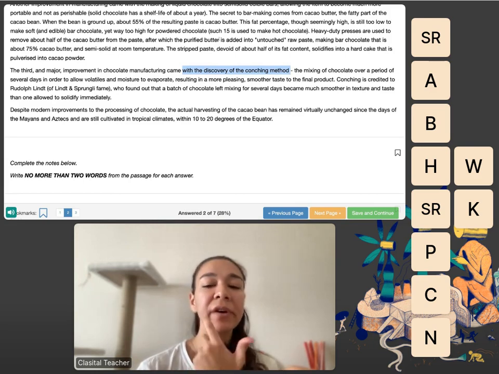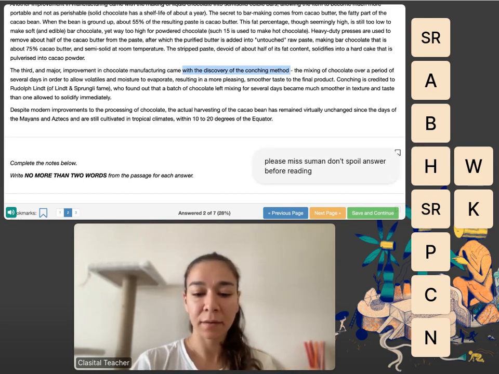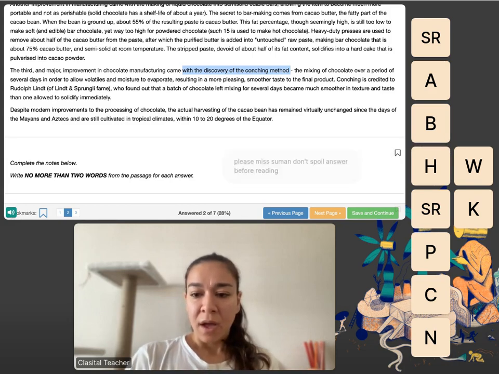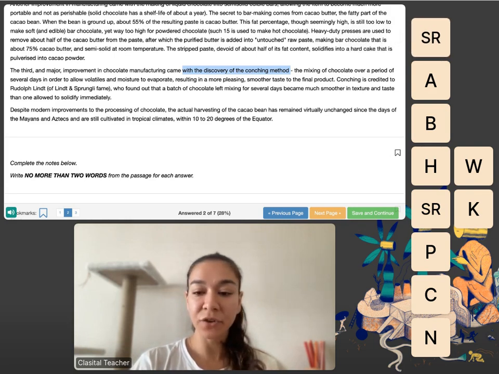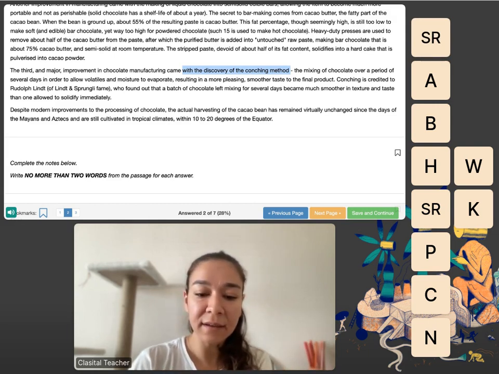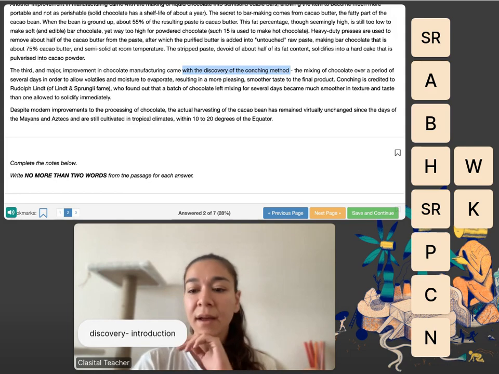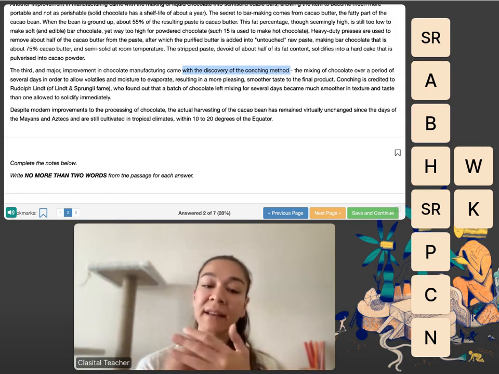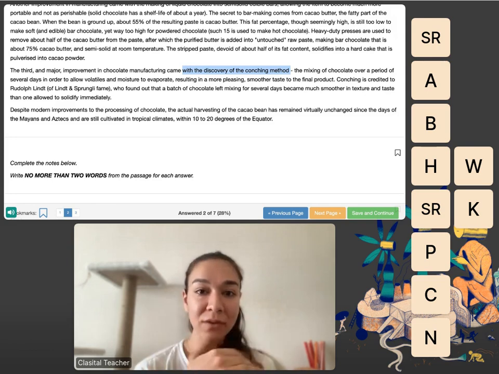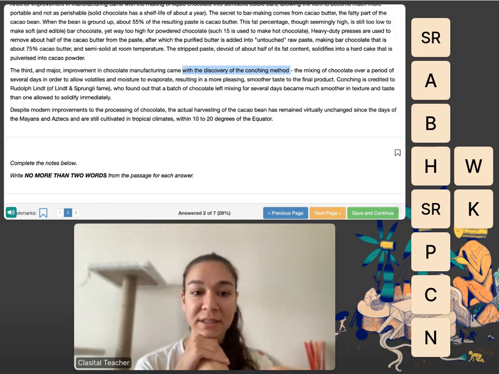It says here, discovery of something, and in the question I see introduction of it. They are used as synonyms, as paraphrasing of the questions.